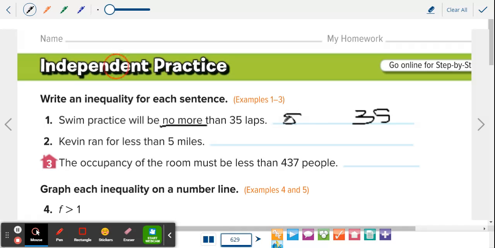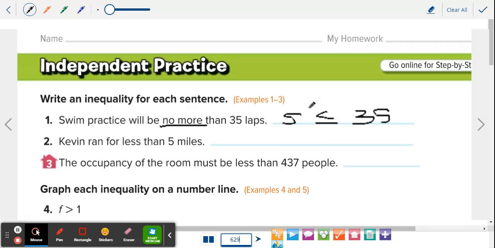I'm just going to put S for swim practice. Is it going to be S is less than, S is less than or equal to, S is greater than, or S is greater than or equal to? Less than or equal to, because it says no more than 35 laps. We can get 35 or anything below that. So this would be read as S is less than or equal to 35.